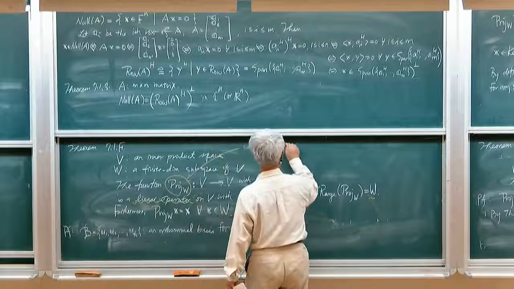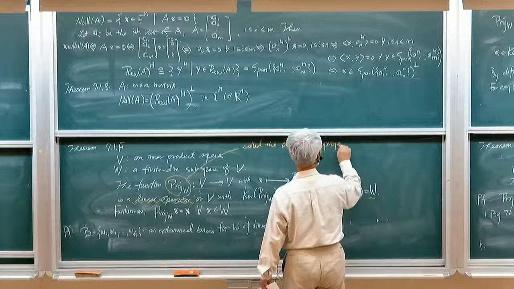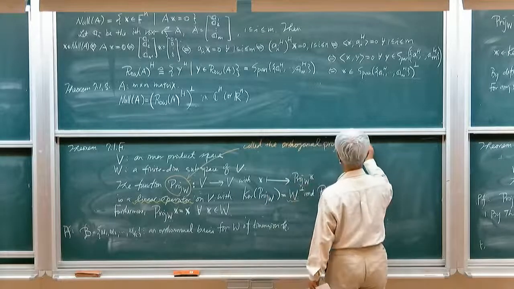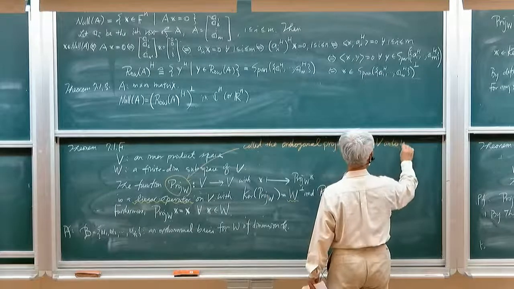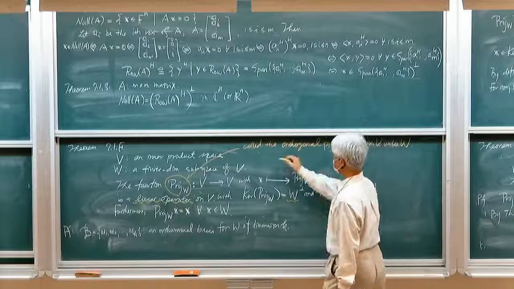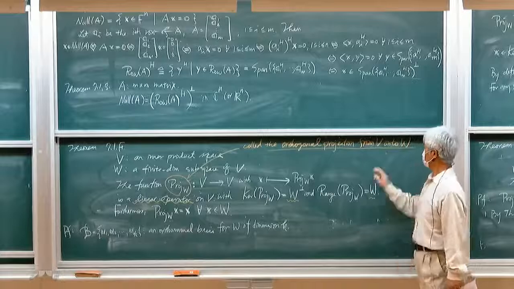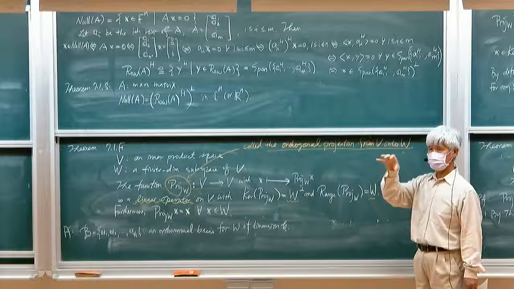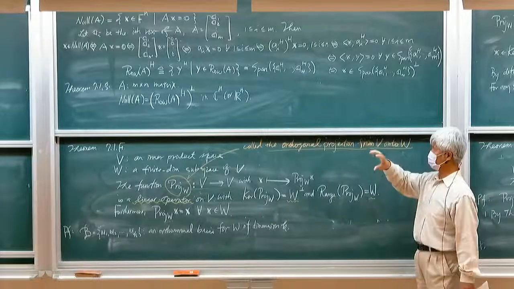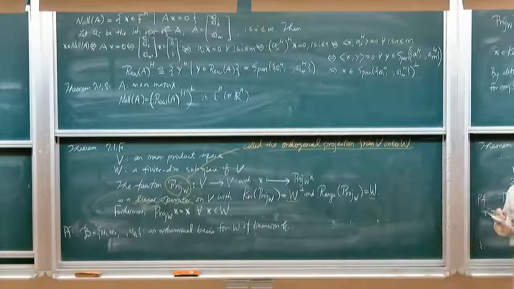This linear operator is called the orthogonal projection from V onto W. So you can see that V is the domain of the operator, and W is the subspace it will project onto.